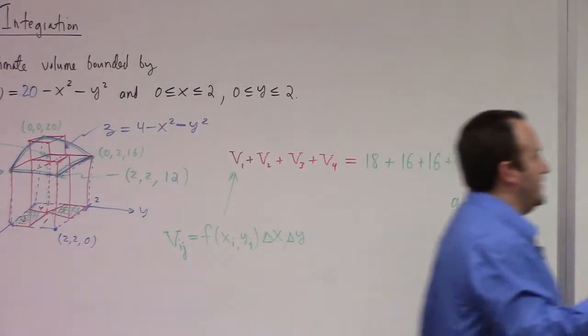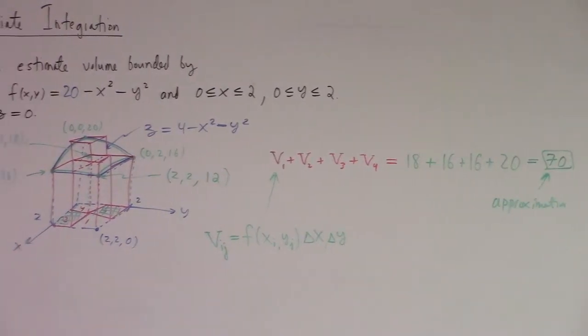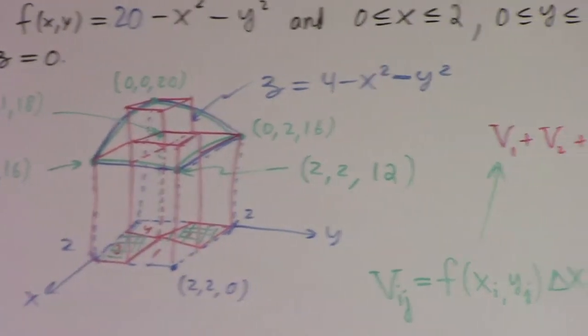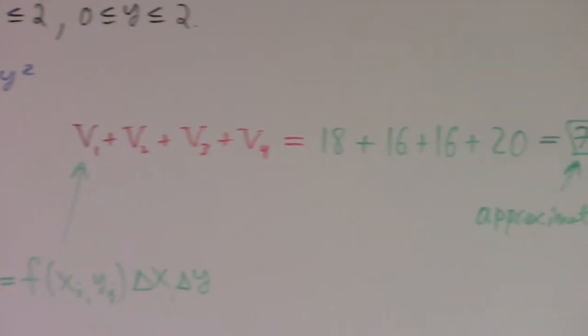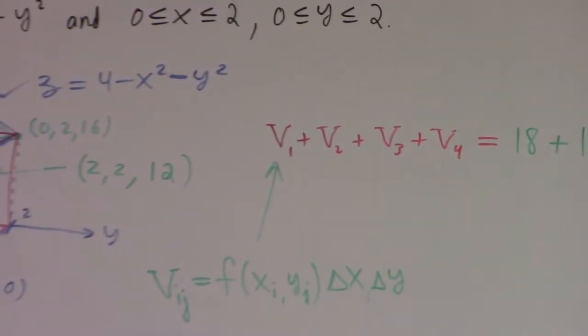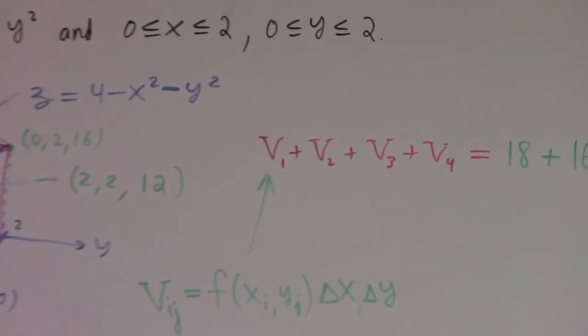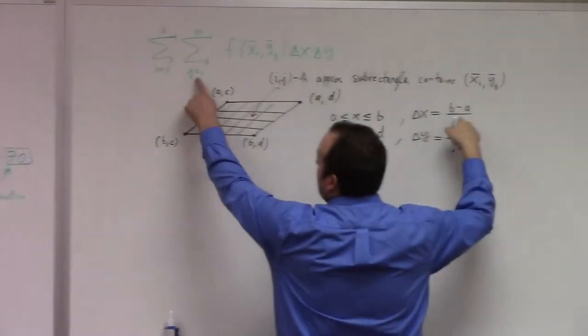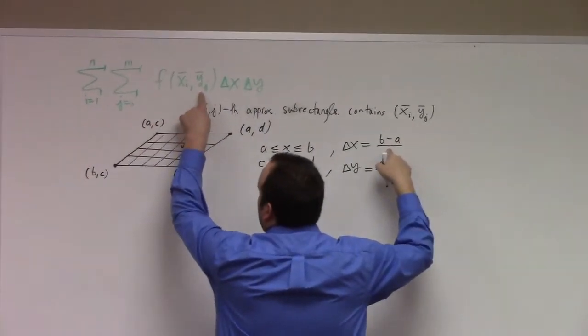Oh, one other thing. What's delta x? What's delta y? Divided by what? Yeah, which one goes with which? So the j is attached to the y.